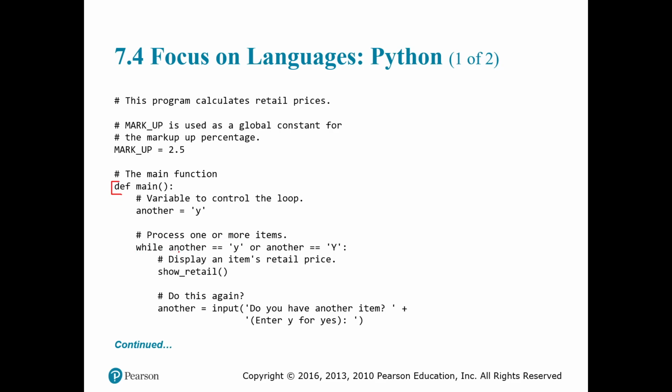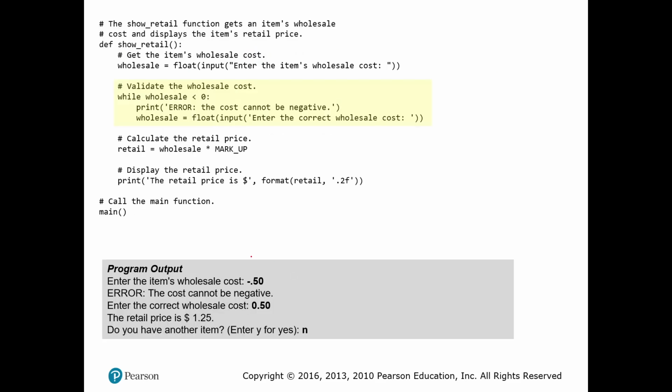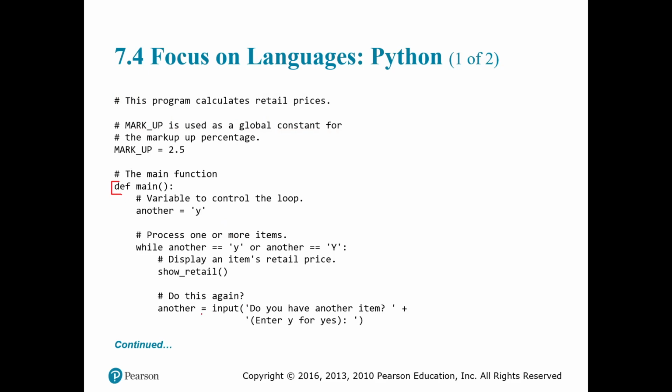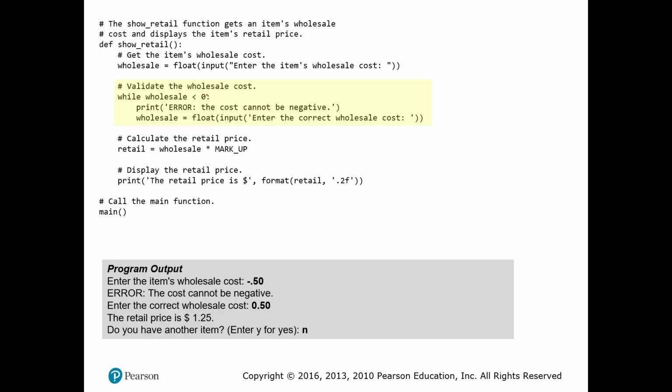While another equals y, or another equals capital Y. See, input validation: we're checking if the user types a capital letter or a lowercase letter. Then we display an item's retail price. And we have, do you have another item? Okay. And we have the example right here.